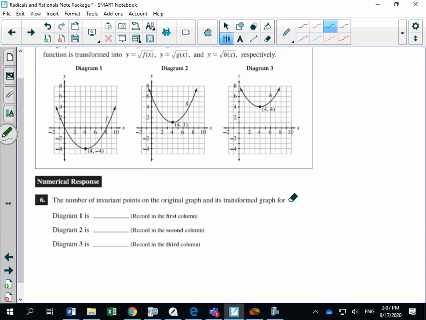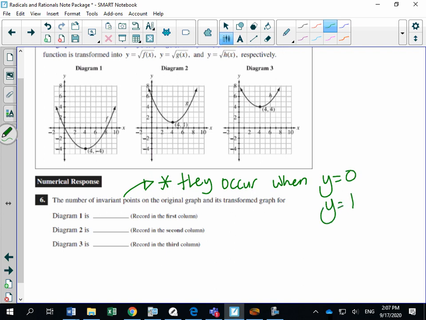Okay, so invariant points, what you have to remember for radicals is they occur when y is equal to 0 and y is equal to 1, right? So invariant points are points that don't change from the original and the transform graph. So what I need to do for this diagram 1 is I'm going to put dots on all of my invariant points.